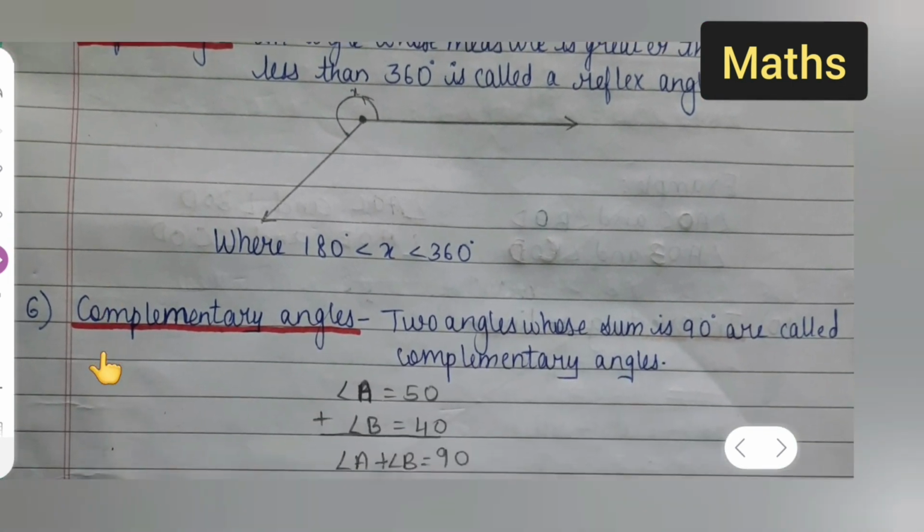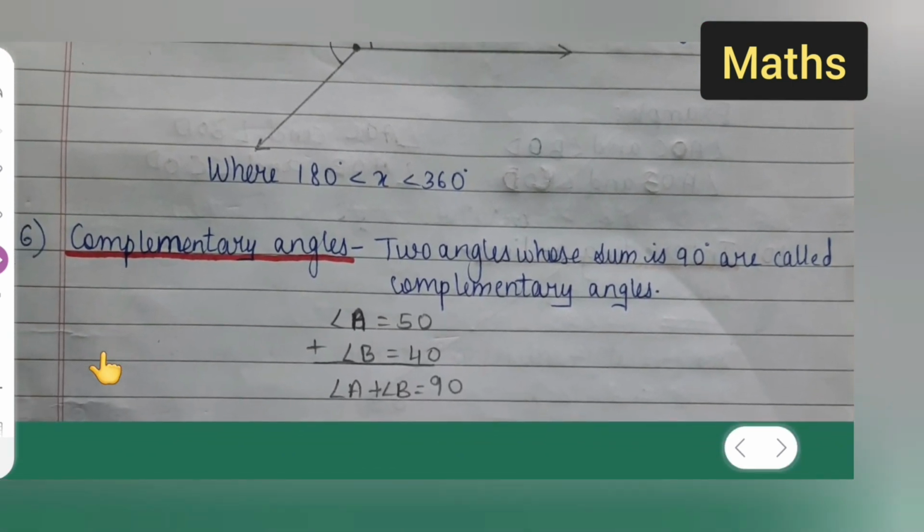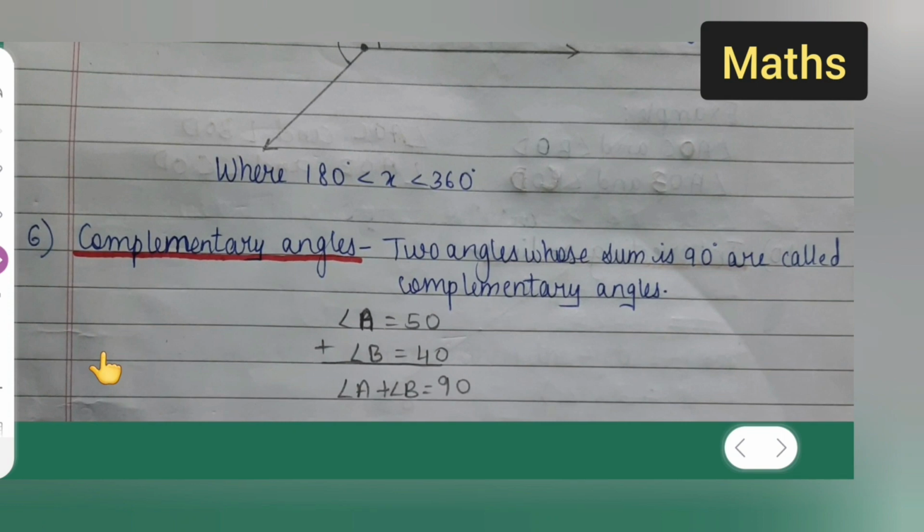Let us see the complementary angles. Two angles whose sum is 90 degrees are called complementary angles. Suppose angle A is given to be 50 and angle B is given to be 40.